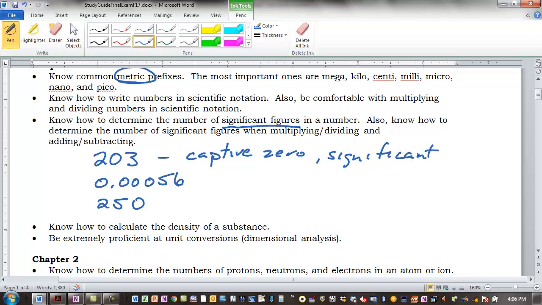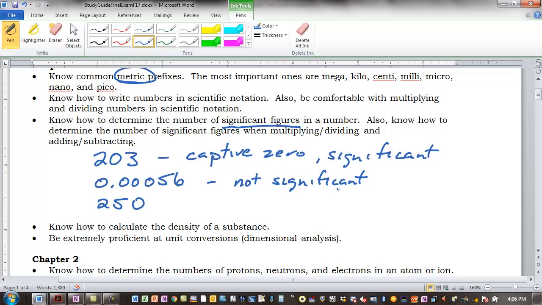Okay, what about leading zeros, as in the second number? These are not significant. They're just telling you where that decimal point is. So this number would just have 2: the 5 and the 6. This first number we didn't say, but that would have 3.